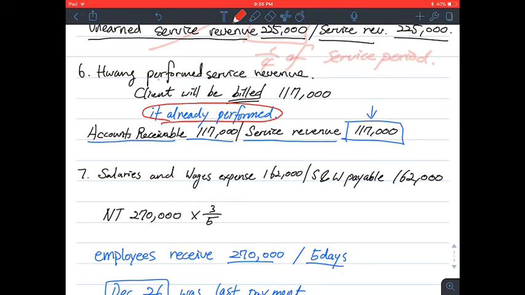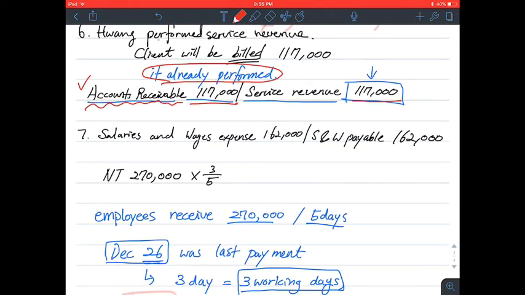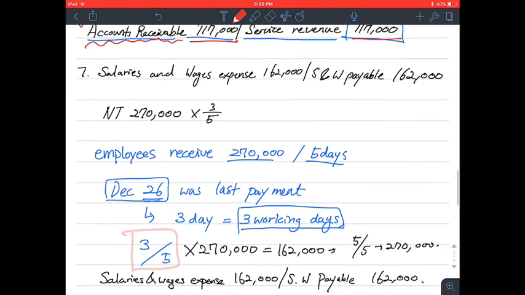By how much? $117,000. And it says the customer will be billed. That means they have not paid yet in cash. So the company has some account receivable by the same amount, $117,000.